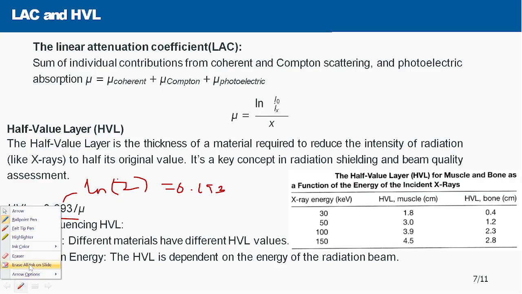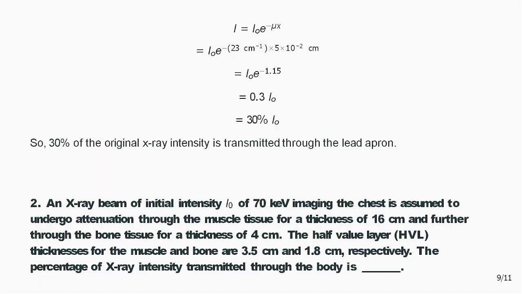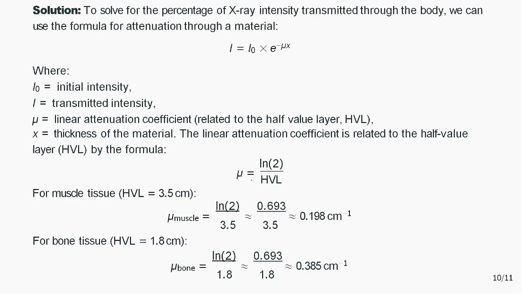Now mu can be calculated from the HVL values. We have previously seen that HVL for muscle is 3.5 and HVL for bone tissue is 1.8. So we can easily calculate the attenuation coefficient for muscle and the attenuation coefficient for bone.